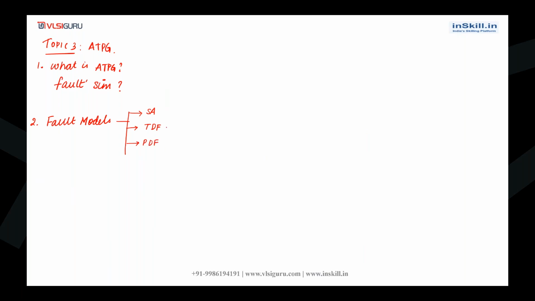The transition delay fault model and path delay fault model, we call at speed test. And then we'll also try to understand the IDDQ fault model. These are all the fault models we'll cover.